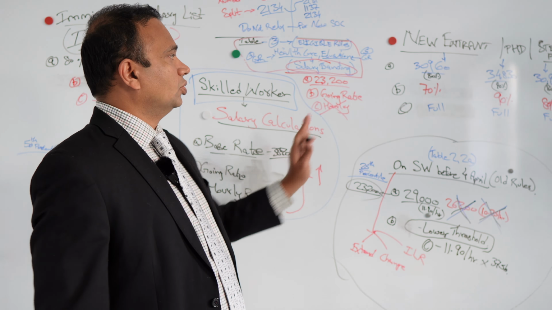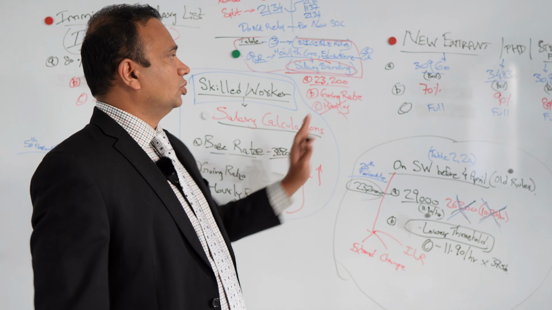That's A. B is 70% of your going rate, whatever is the going rate. Let's say your going rate is 30,000, 70% of going rate is 21,000. So 30,960, and whatever is the hourly rate. So hourly rate remains the same, 15.88 per hour.